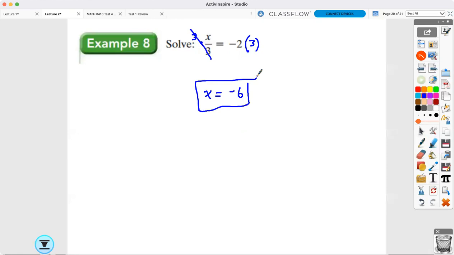So does everyone see why we multiply by 3 in this example instead of divide? I do have a question. Yes, Kayla. If you multiply the 3 by the x, wouldn't that be 3x equals negative 6?